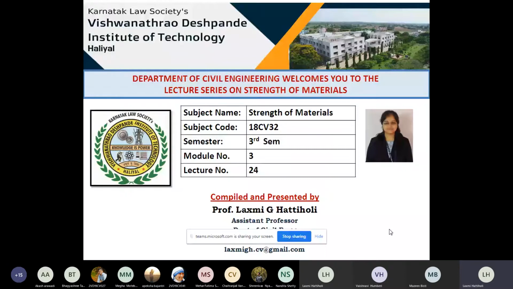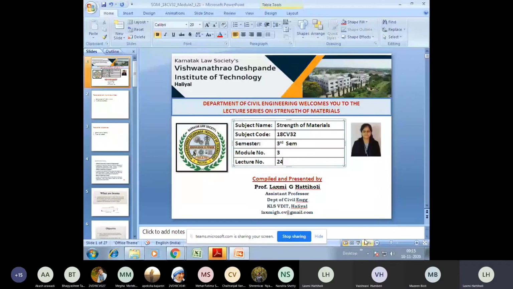We also learned the derivation, that is, the relationship between shear force, bending moment and the load intensity W. Can anyone tell me what's the relation between W and shear force? What's the relationship between intensity and the shear force which we derived yesterday?